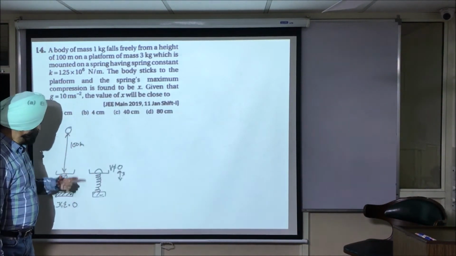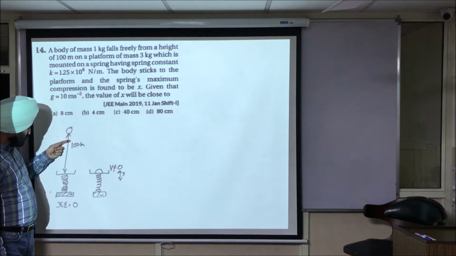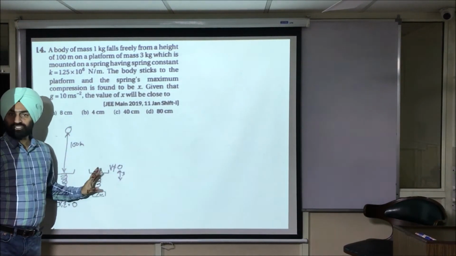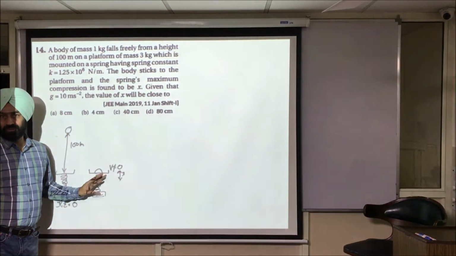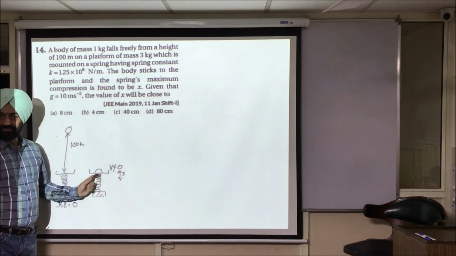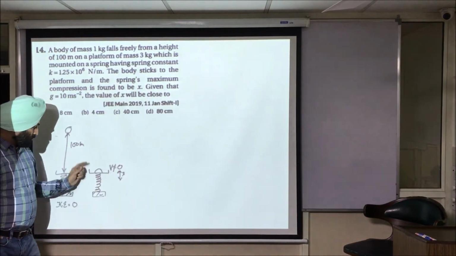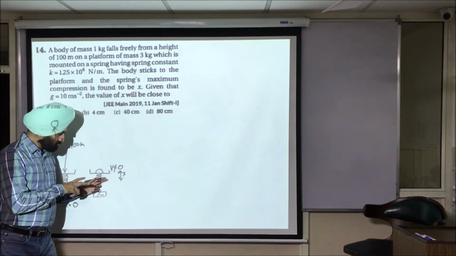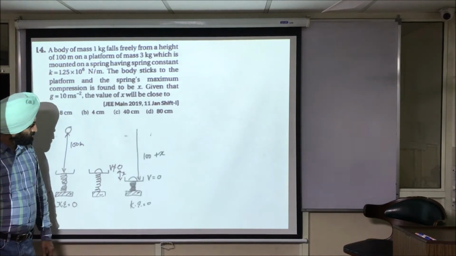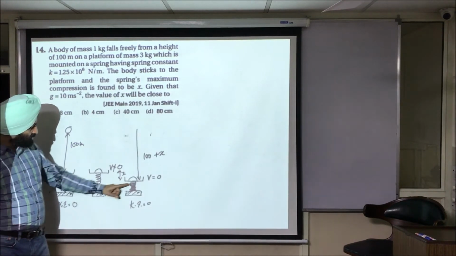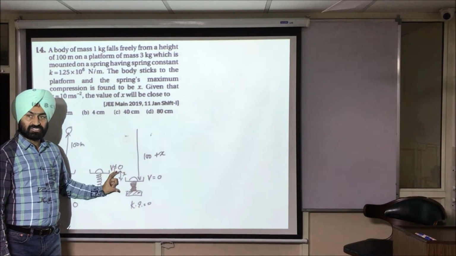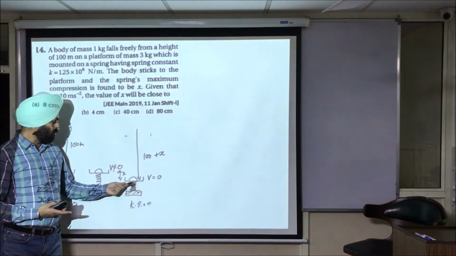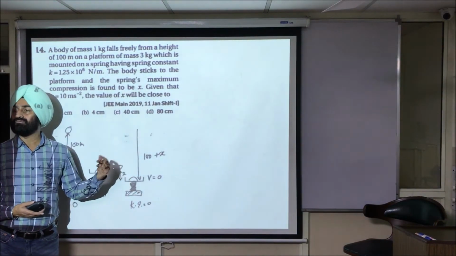Okay. First of all, this mass is going to reach the platform. But at this moment, velocity is not 0. It has some kinetic energy. And it would press the spring further by some distance, x. At this moment, when the spring is maximum compressed, where the system is about to return back, velocity becomes zero, kinetic energy becomes zero.